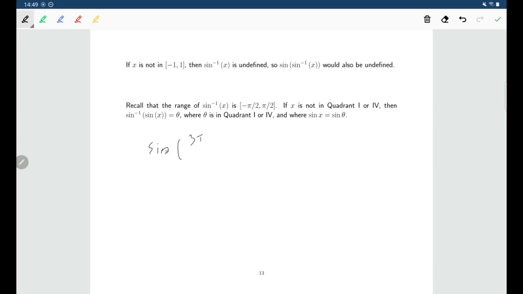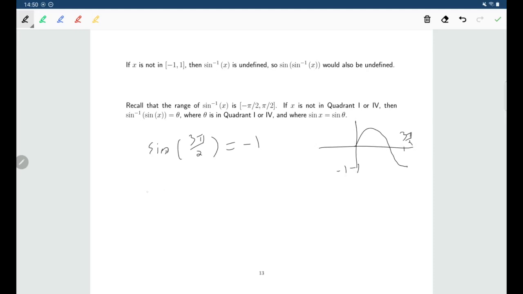So, for example, you know that sine of 3 pi over 2 is negative 1. That for sure is something that's true, and you can confirm that by looking at the graph of your trig functions and reminding yourself that at 3 pi over 2, the graph of sine has a y value of negative 1.